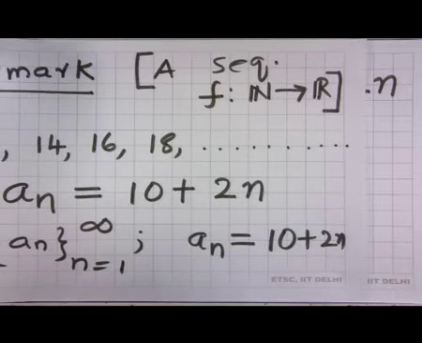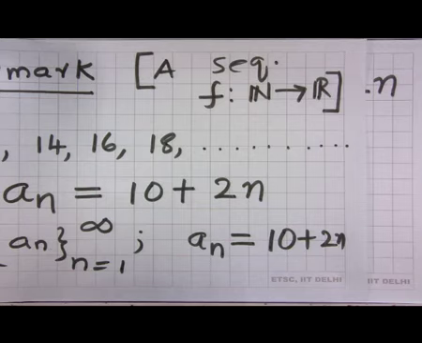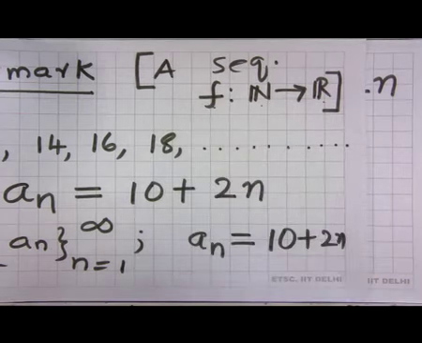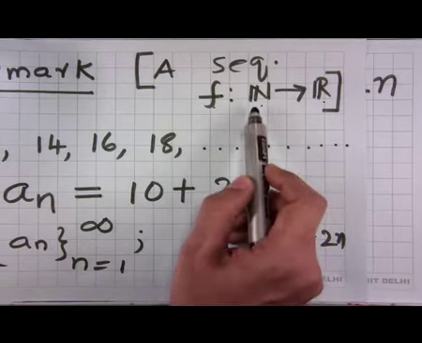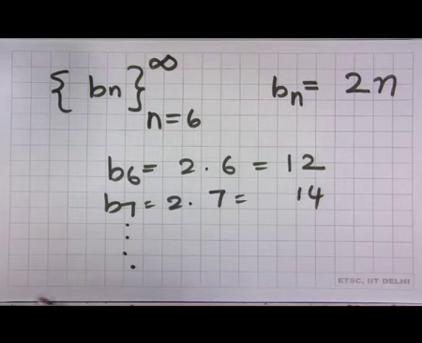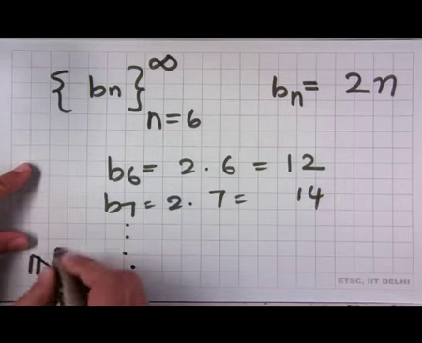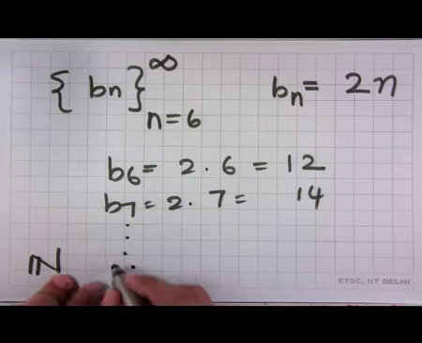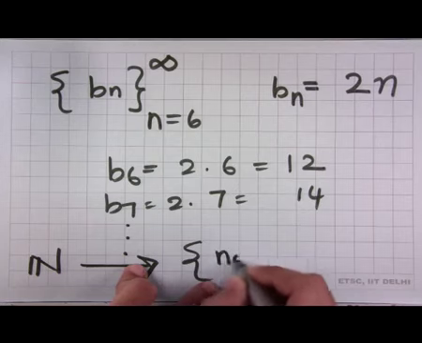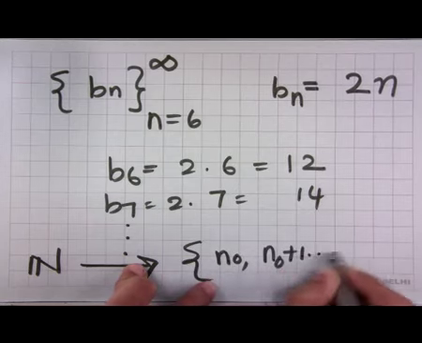So, this remark is to pronounce that though in the definition of a sequence we took a function from N to R, sometimes it is convenient to work with a subset of N starting from say n naught. Instead of the whole N, we may work with the set n naught, n naught plus 1 and so on.